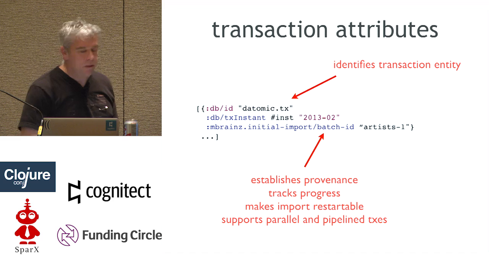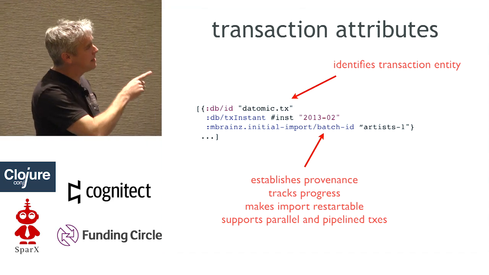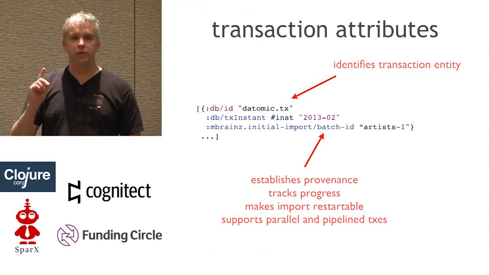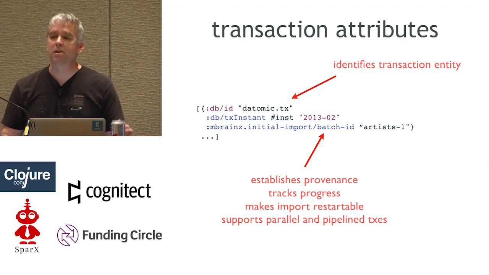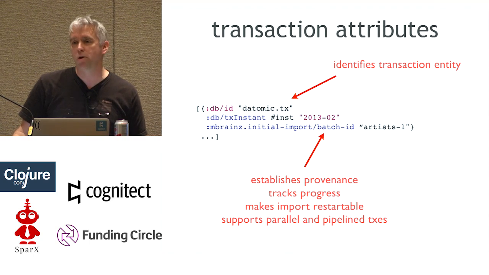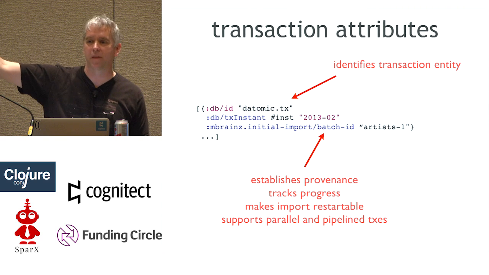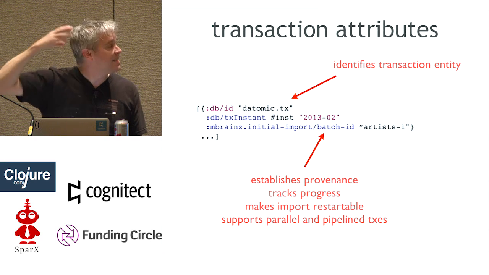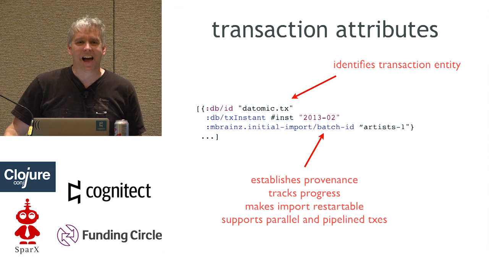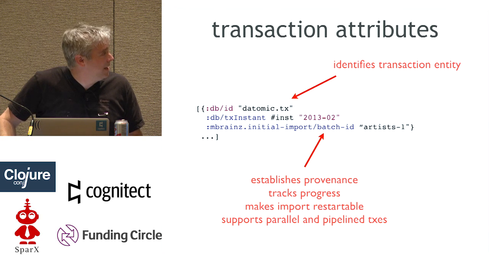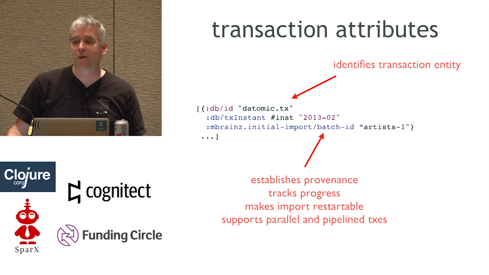And also, this supports, although does not by itself fully enable, parallel and pipelined imports. Right? Now, it may be that there are other things about my data. There may be ordering dependencies in my data that say that you have to put Fred in the system before you put Ethel in the system, or the system's not going to be happy. Right? But at least at this level of the system, and in fact, if I don't know if there are ordering dependencies, I can find out. I can just try to parallel and pipeline data in using this technique, and anything that fails, I can just try again.